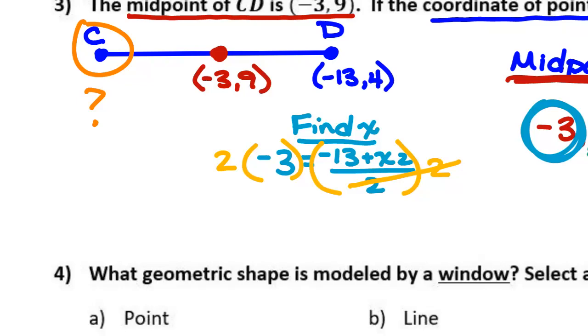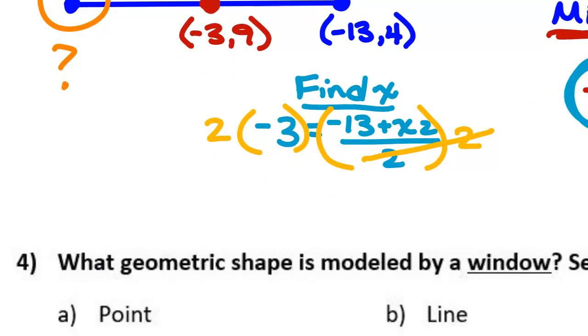Be careful here. I saw a lot of people have a lot of good things set up and they made a mistake right here. 2 times negative 3 is negative 6. If you have time, it's always a good idea to use your calculator to double check your mental math, since you've got one available to you here.